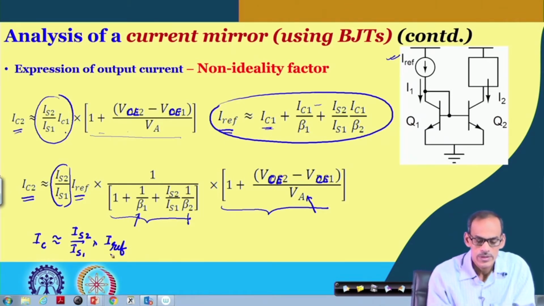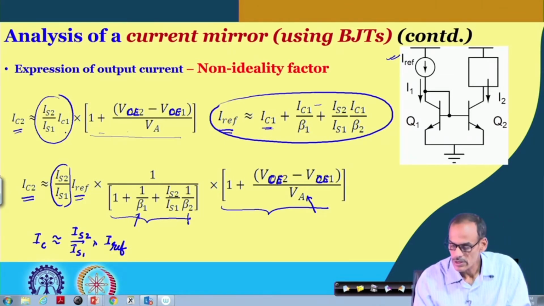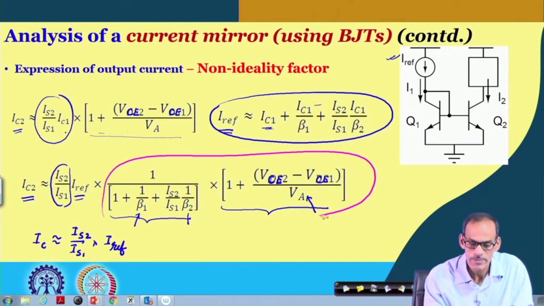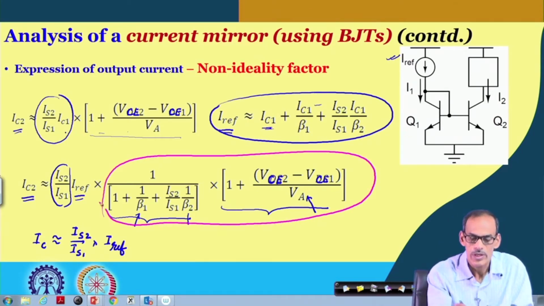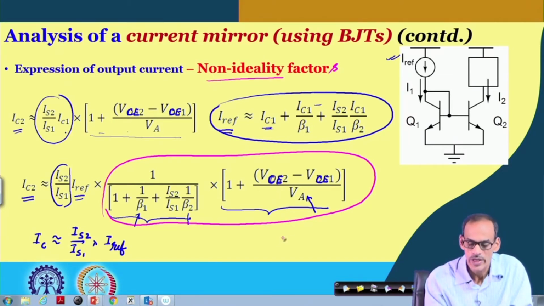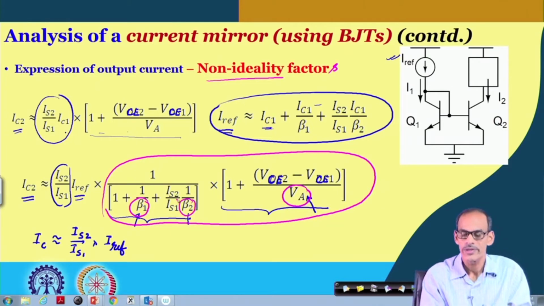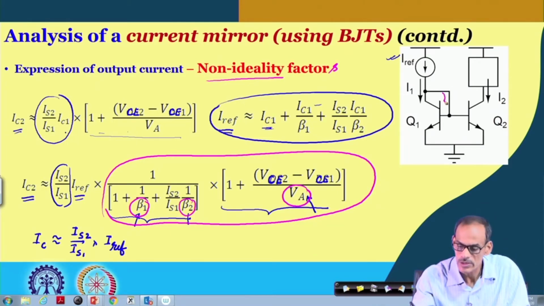The rest of the expression we can say is non-ideality factors. It has two factors: one is due to the early voltage, and another is due to the finite value of beta, or the current loss here due to the base bias.